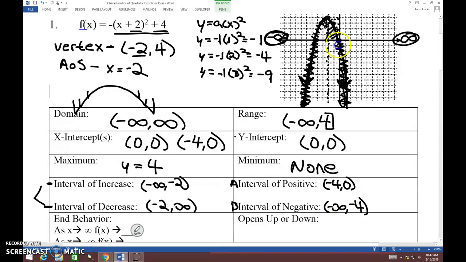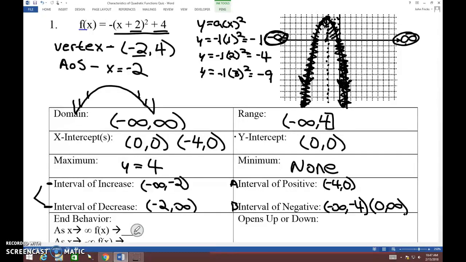Then, we also know that this side is going to be negative, because it's going to reach that point at 0 and continue till it gets to infinity. So that's going to be from 0 all the way out to infinity. So with interval of positive and negative, we get a little bit different of an answer here so that we can figure out the rest of our problem.